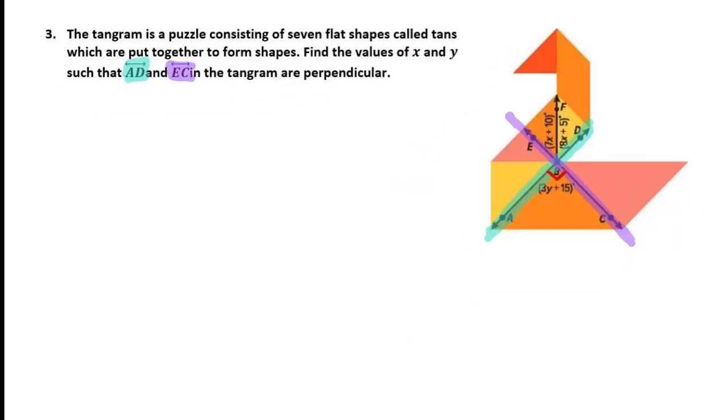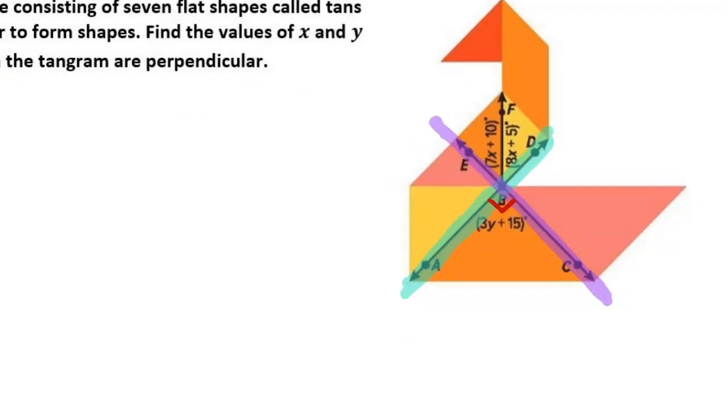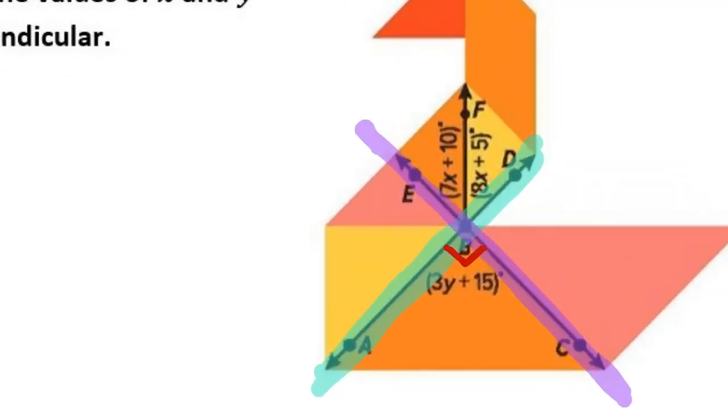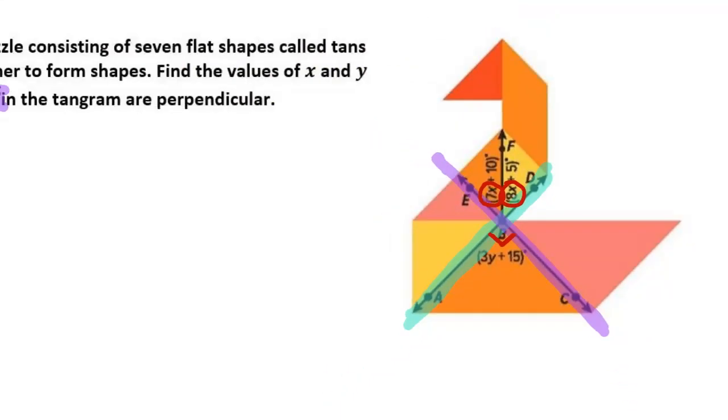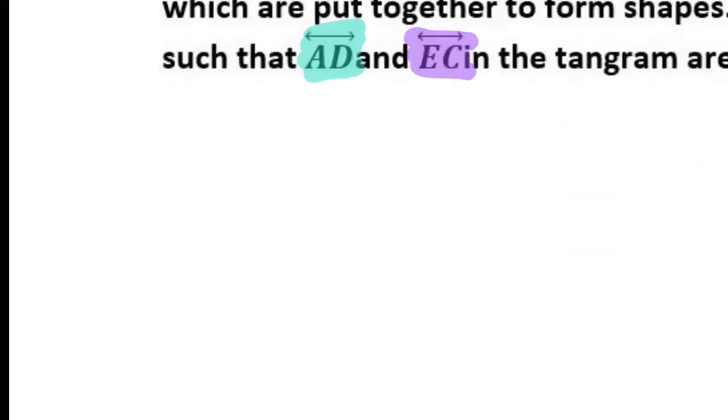And they want us to find X and Y. Well, I see X in 2 different places. I see X here, and I see X here. And those 2 angles are side by side. They share this side right here. And together they are making this 90-degree angle.